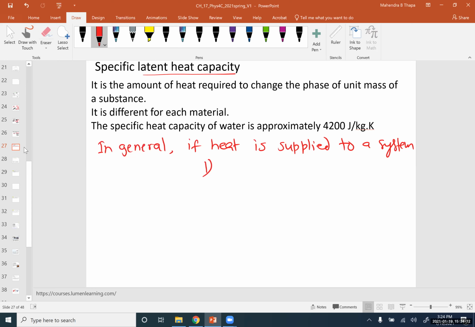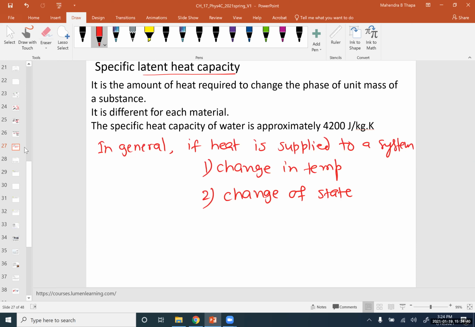One could be a change in temperature. The other is a change of state. Change of state means from solid to liquid, liquid to gas; it could change like this.